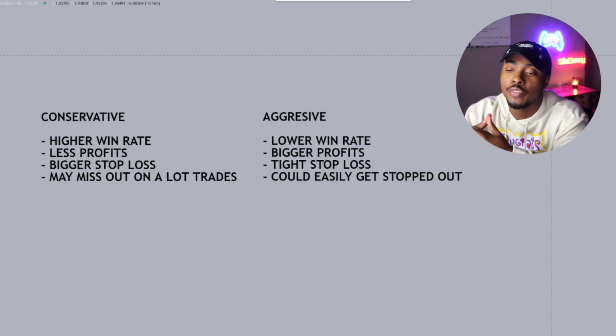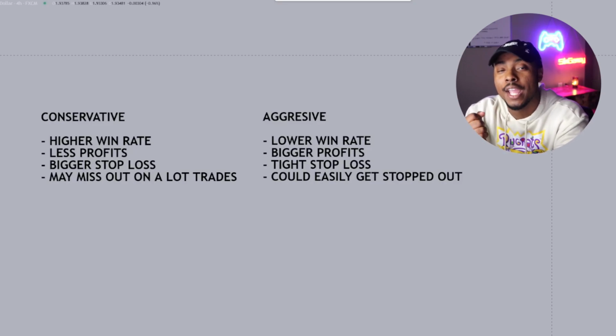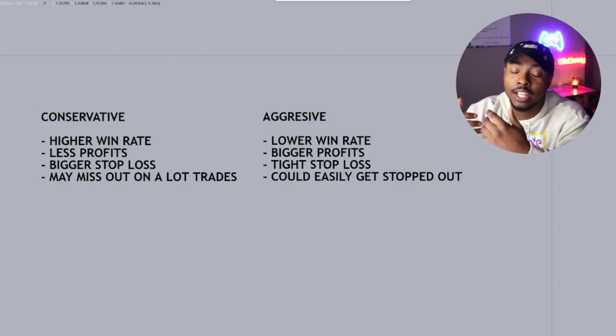So with the conservative entries, you most likely have a higher win rate, but unfortunately, since you're waiting so long to get into trades, you're gonna have less profits because you're gonna have to use a bigger stop loss, and you may miss out on a lot of trades because that confirmation candle might just move too far away from the area of interest that you are looking to get in a trade on.